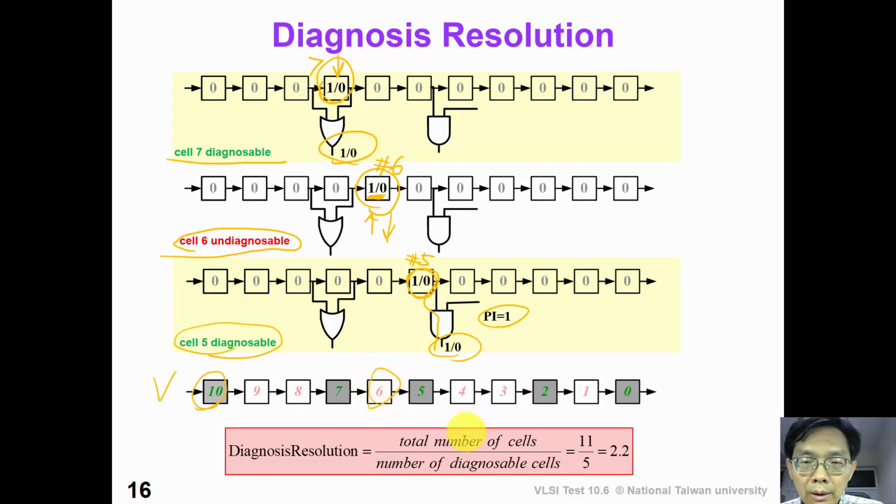In total, we have 11 cells in this scan chain, and we are able to generate patterns for 5 scan cells. So the average diagnosis resolution is defined as the total number of cells over the number of diagnosable cells, which is 2.2.